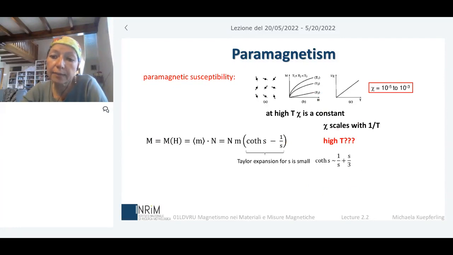but can we also say something about chi, the susceptibility, and we can expand our Langevin function in a Taylor expansion, and we get this function here, s divided by 3.